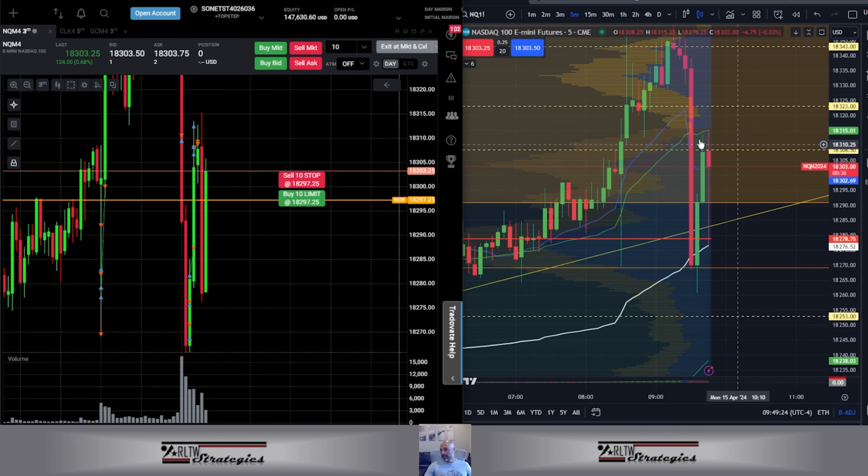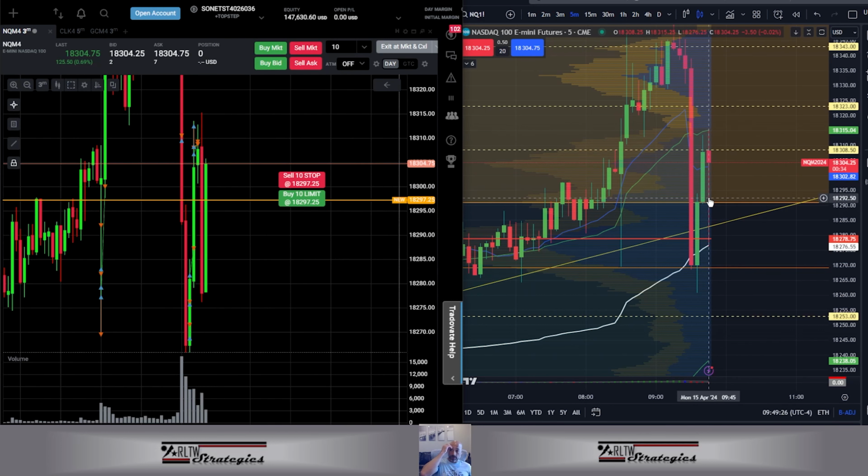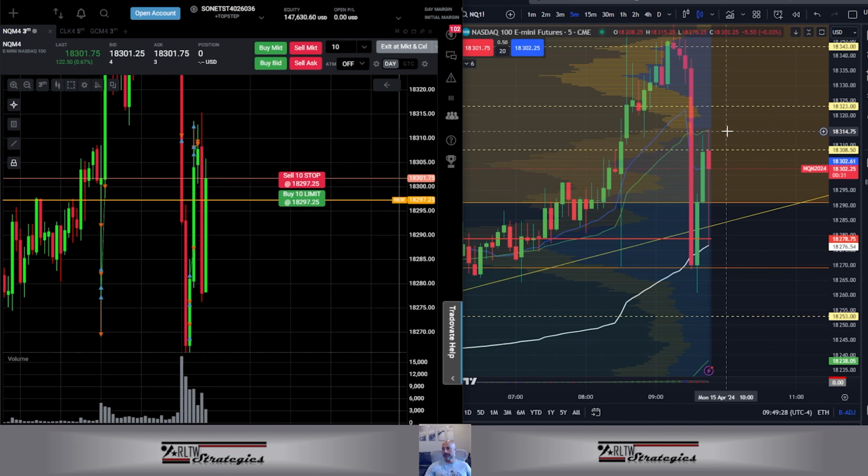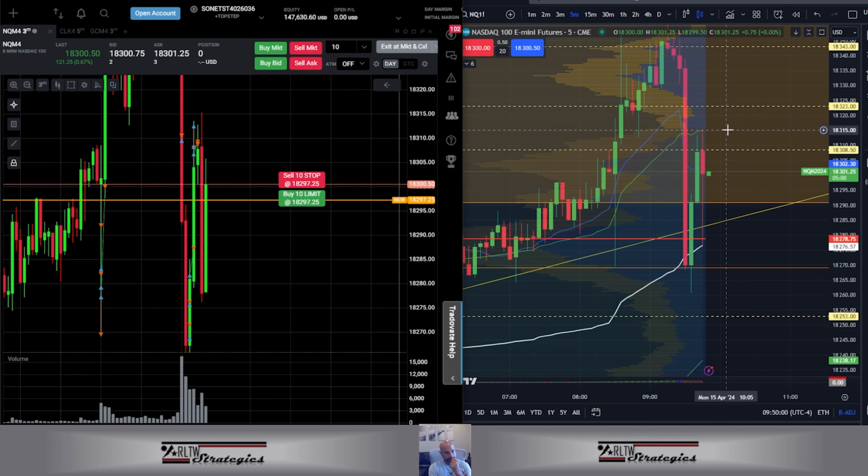All right, man, we gotta break this area. We gotta break that upper Bollinger Band here if we're gonna go higher. 10 minutes. That's a big wick off of the VWAP, but buyers could be pushing the price up to later drop, which is always a possibility.